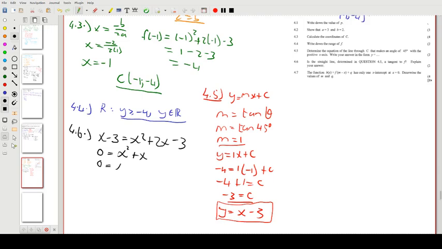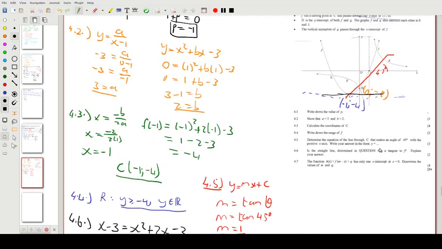So here we can factorize this into x and x plus 1. So then we get x equals 0 or x equals -1. Let me just write that slightly better. So we see it crosses in two spots, and on our drawing, we can see that's true.